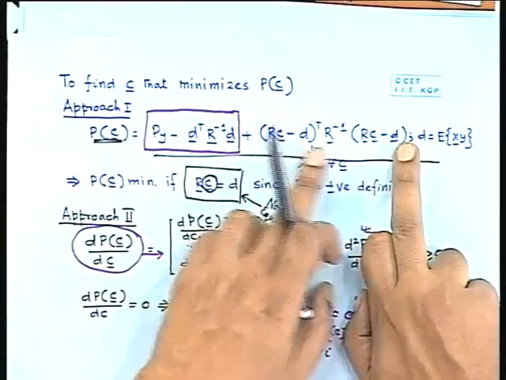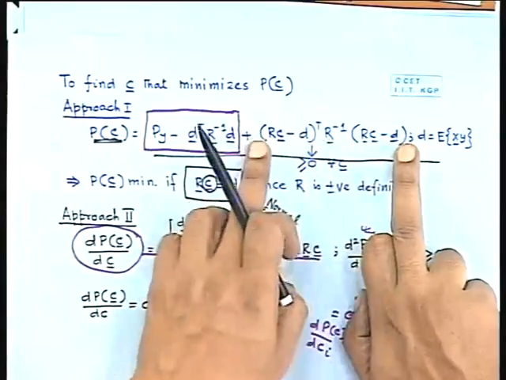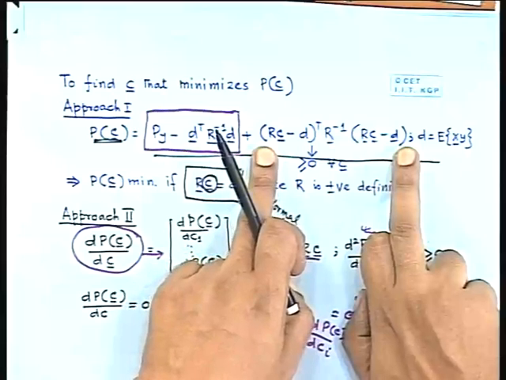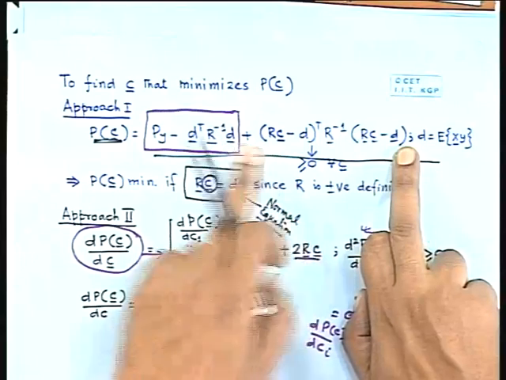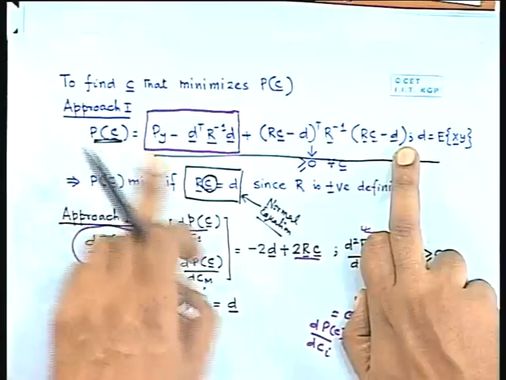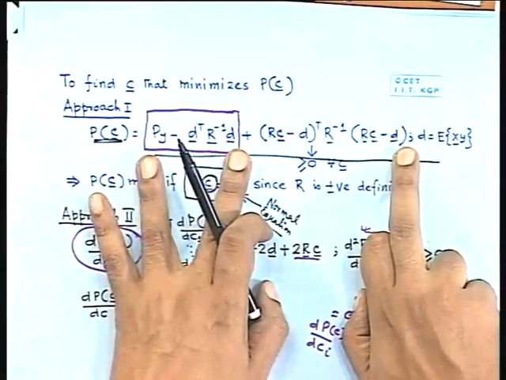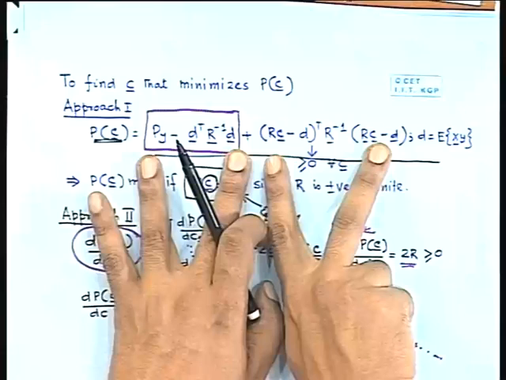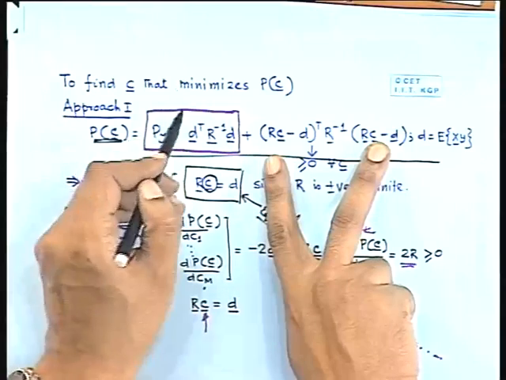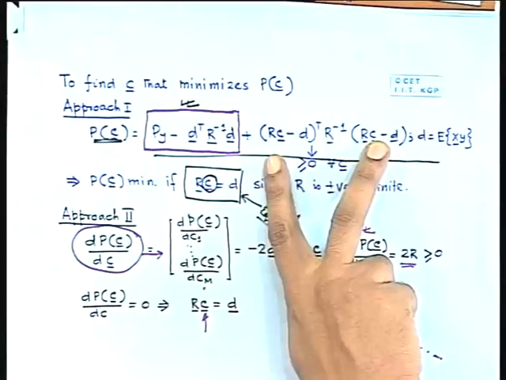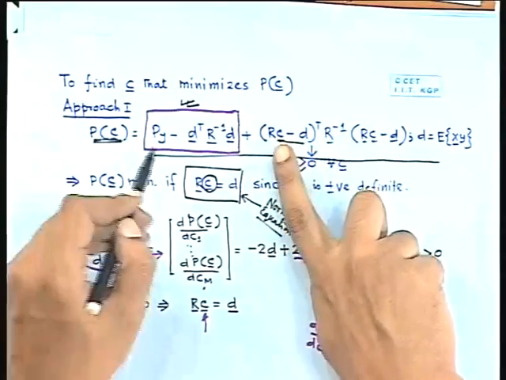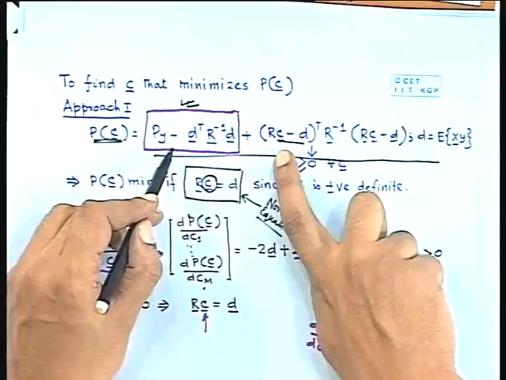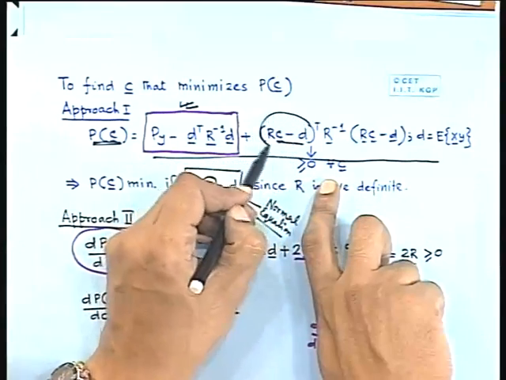So if you multiply by any vector, x transpose Rx will generate a positive number. So this number can never be less than 0, which means that this sum must always be more than this, because this is positive. Which means that this is the minimum error power that is possible, and that will occur only when RC equals D. So that is the optimal minimum mean square error, when this will be 0.